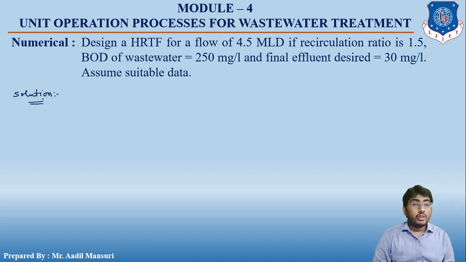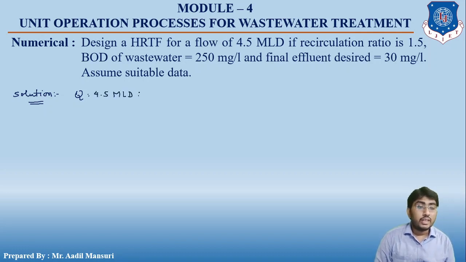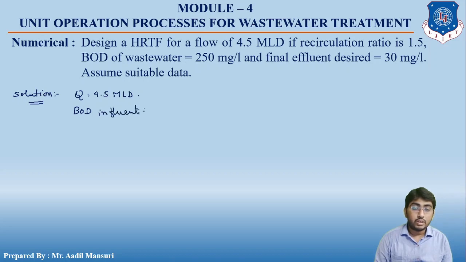Now what they have given is the flow of wastewater. So discharge equals 4.5 MLD. Then they have given the BOD of wastewater, that is BOD influent, 250 milligram per liter.